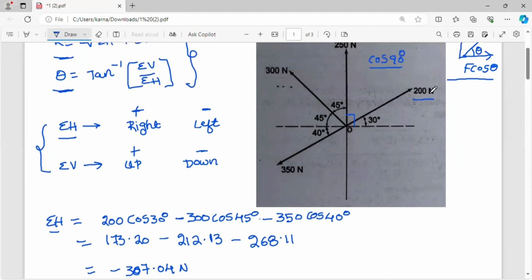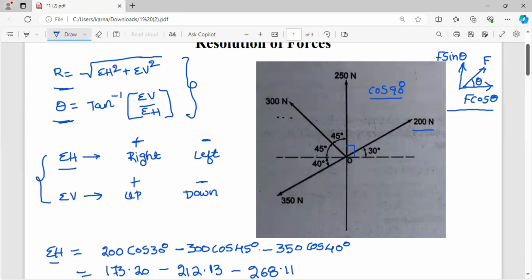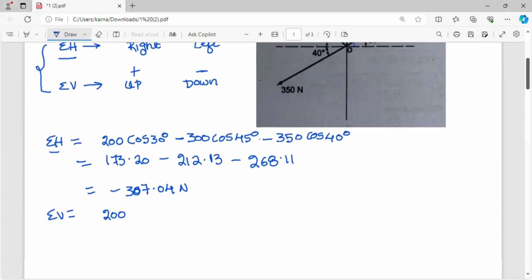Next, coming to the sigma v, all vertical components, the algebraic sum of the vertical components. First, 200 newtons. Will it be acting upward or downward? Upward. So it has a positive sign. And what is the vertical component? F sine theta, so 200 sine 30 degrees.